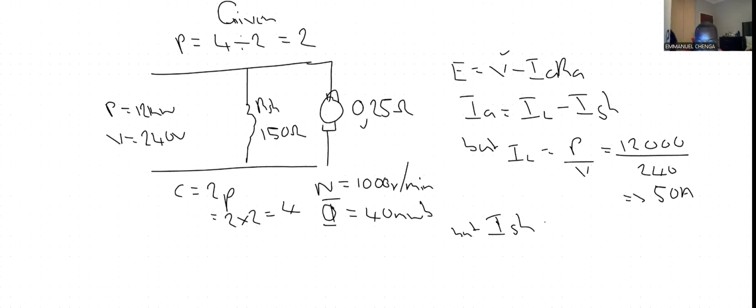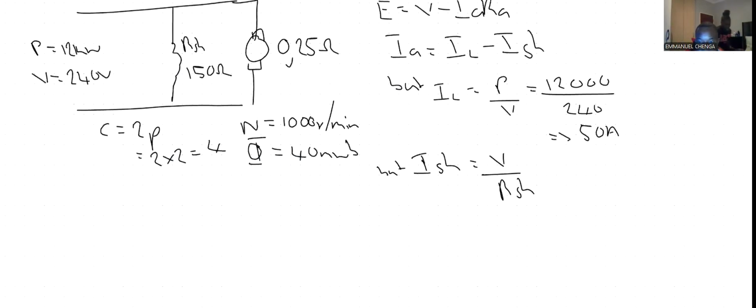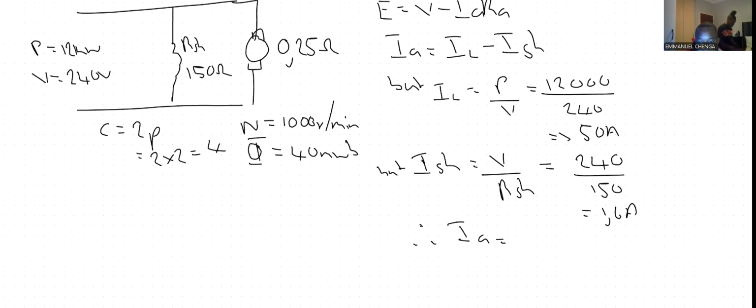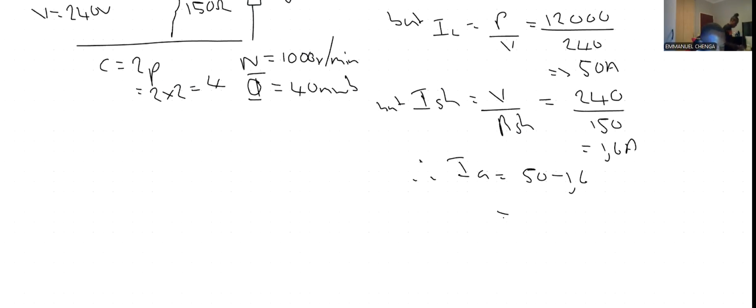And then I have to find my I shunt, which is V divided by R shunt, which is the voltage of 240 divided by your R shunt, which is 150. And then you get 1.6. Therefore, I can calculate my IA by saying 50 minus 1.6, and then you get 48.4 amps.